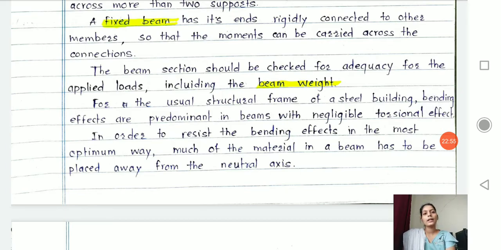Next is the load coming upon our beam and how the load is transferred. While considering loading on our beam, we should understand that loadings are of different types, which we learned in the very first unit. Loadings include wind loading, then self weight or dead load.